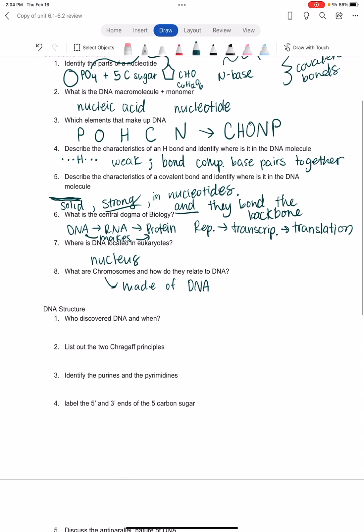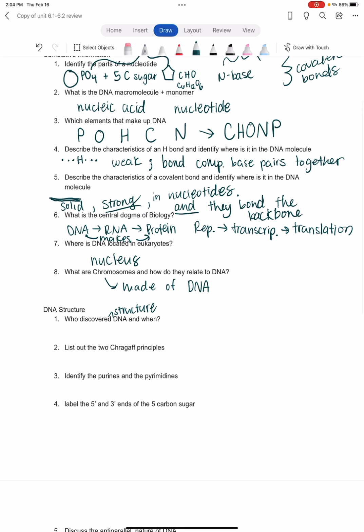Who discovered the structure of DNA? So we'll start off with number 2. So in 1950, Chargaff talked about species have the same number of A and T and C and G. So same number of nucleotides.